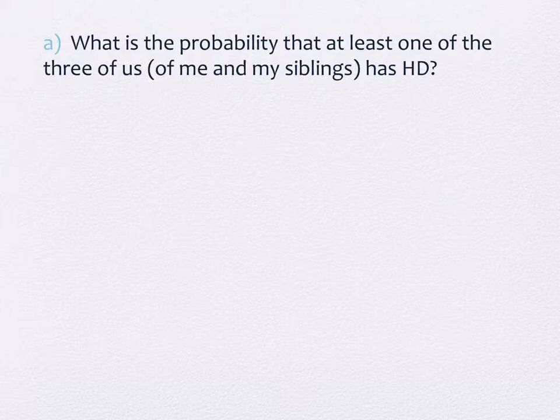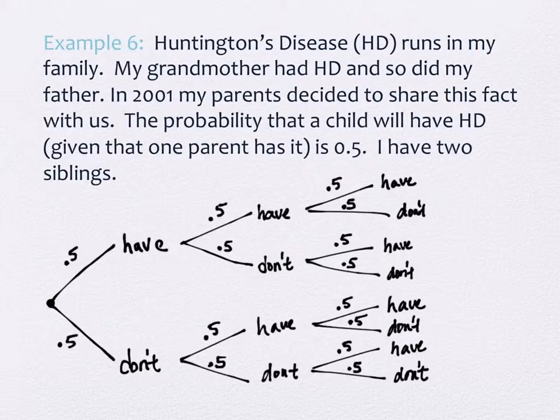So if you take a look at this particular tree diagram and you look along every branch where one of the three of us says that we have the disease, it's almost every branch, isn't it? In fact, the only branch that is free and clear where none of us have the disease is the very bottom.